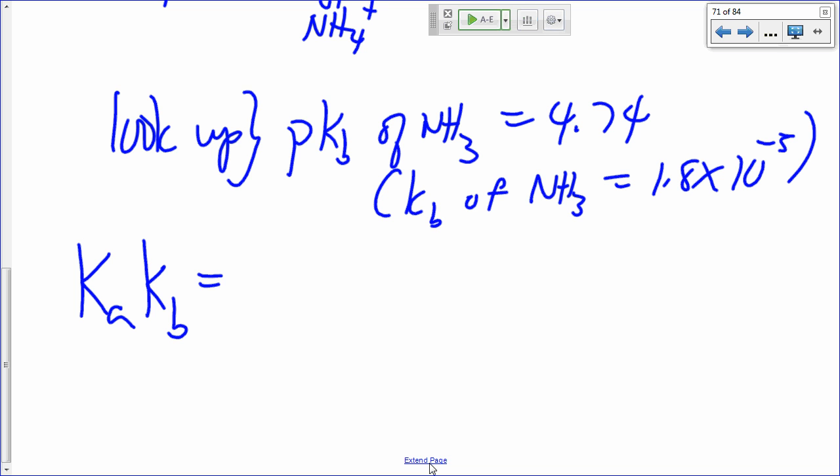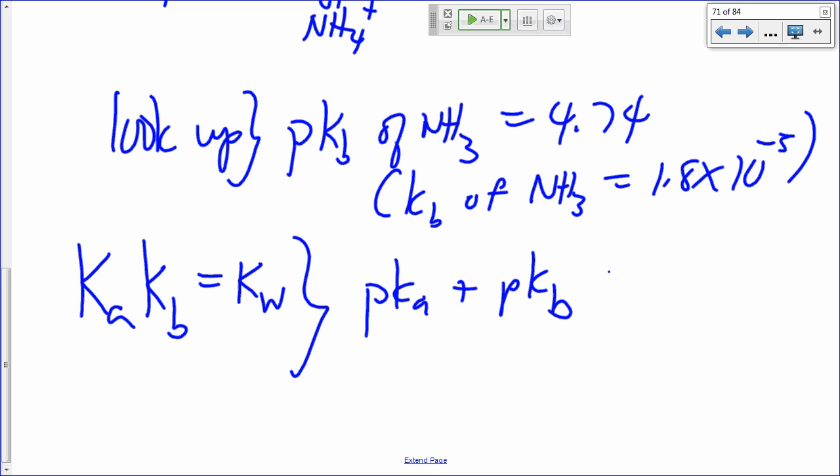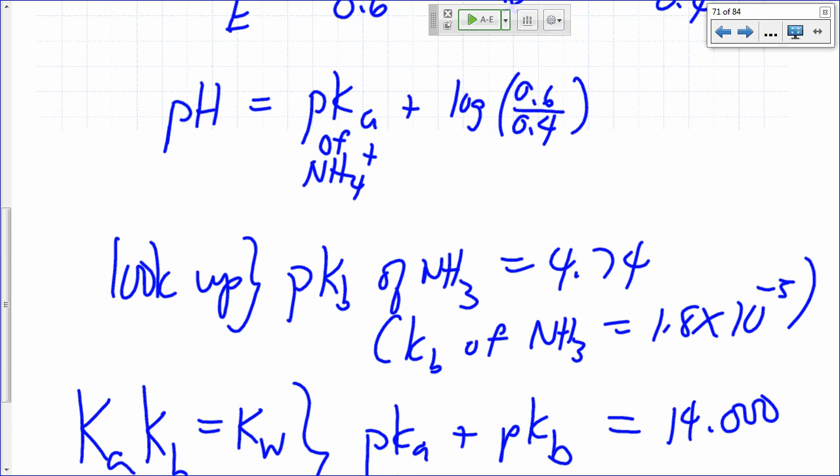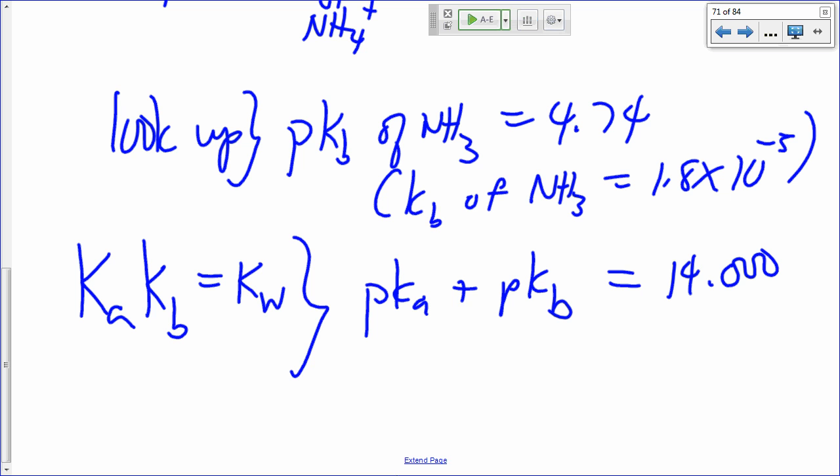For a conjugate pair, Ka times Kb is Kw, right? That means pKa plus pKb, just like pH and pOH, add up to 14. So if I know pKb of ammonia is 4.74, how do I get the pKa of ammonium? pKa would be 14 minus pKb.